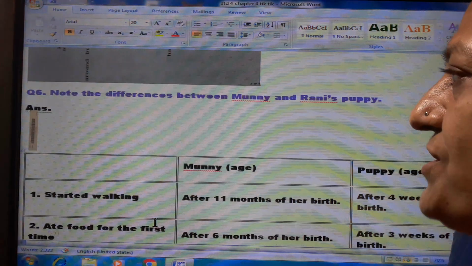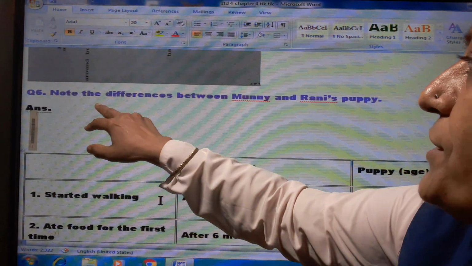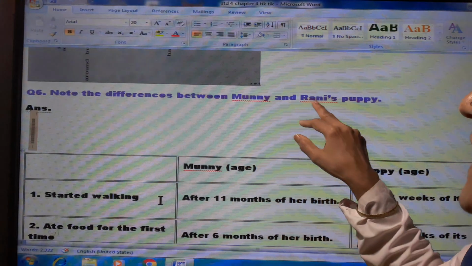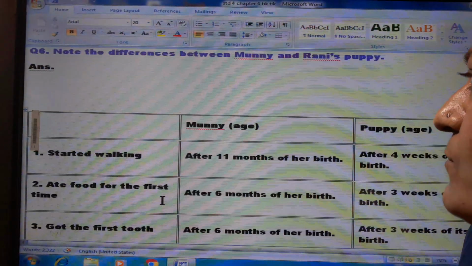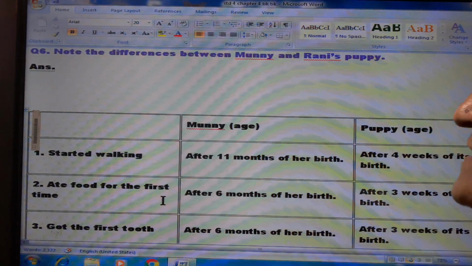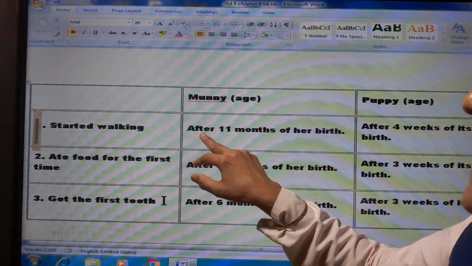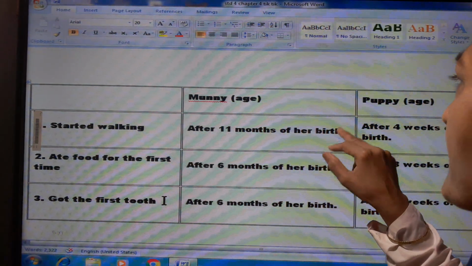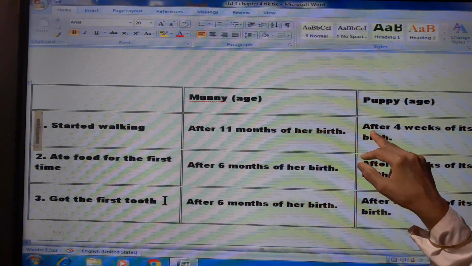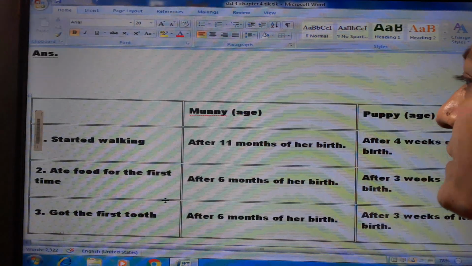Now, question number 6. Note the difference between Munni and Rani's puppy, Munni's age and puppy's age. Started walking: Munni started walking after 11 months of her birth. The puppy started walking after 4 weeks of his birth.